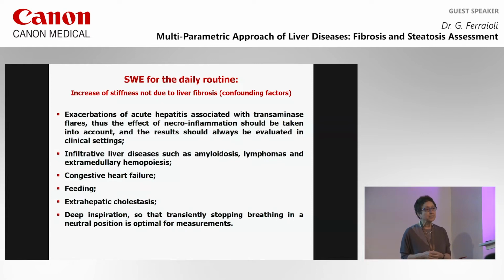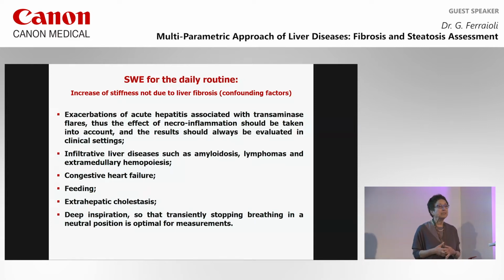The stiffness may increase for factors that are not related to liver fibrosis. So there's a direct correlation with liver fibrosis, but other conditions may increase the stiffness. These are confounding factors. Necroinflammation and acute hepatitis increase the stiffness because there's an increase of fluid in the liver.